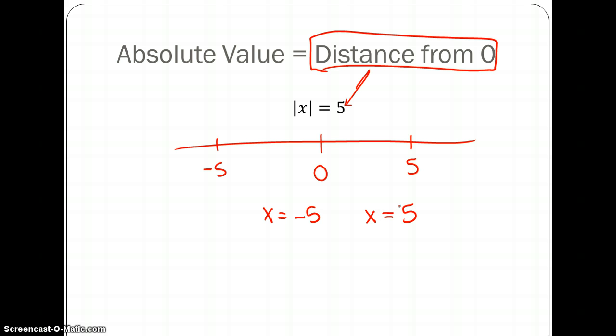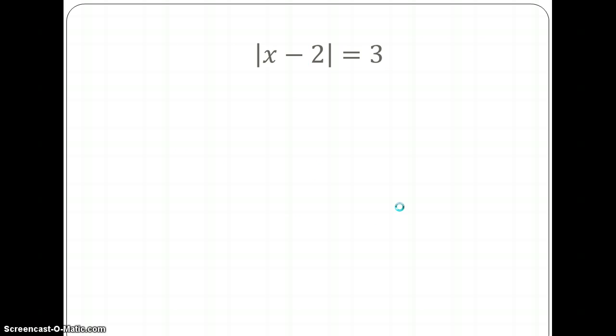So if we're solving this, we could say x is equal to negative 5 and x is equal to positive 5. This is the extra strategy that goes with absolute value, but like other equations, we're going to keep some of the same ideas. So for instance, here's another basic absolute value equation. What numbers are going to fit here?